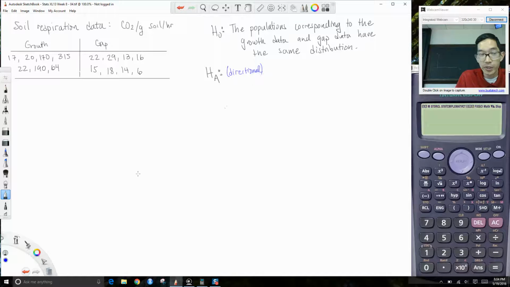We're going to say that the growth values are larger than the gap values.